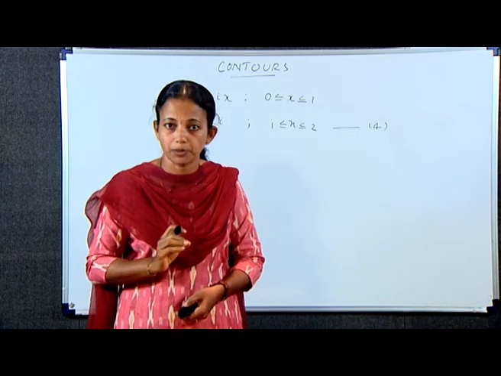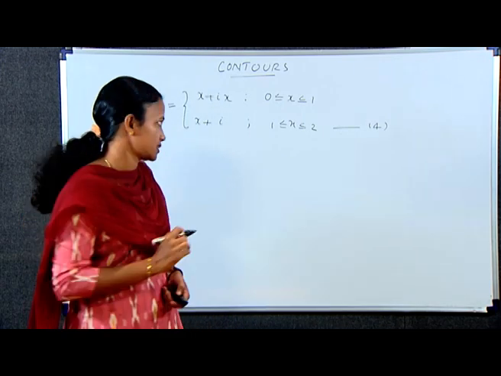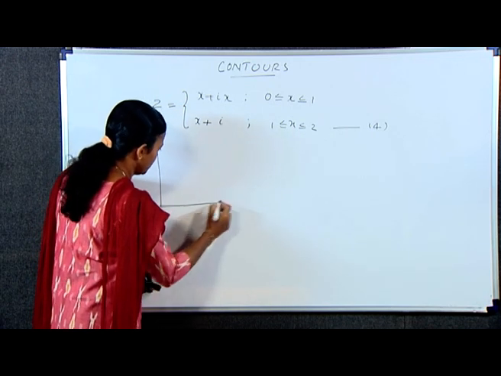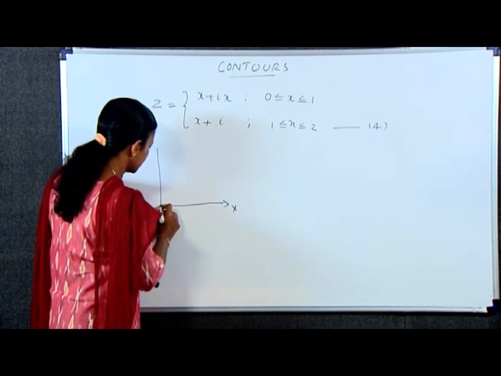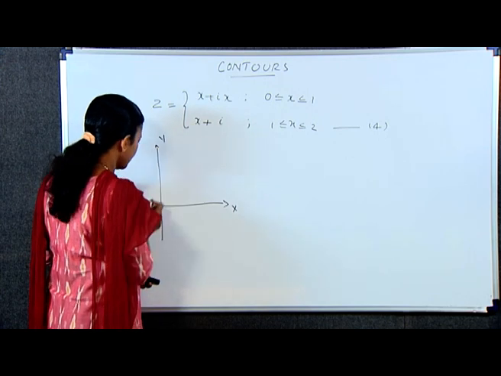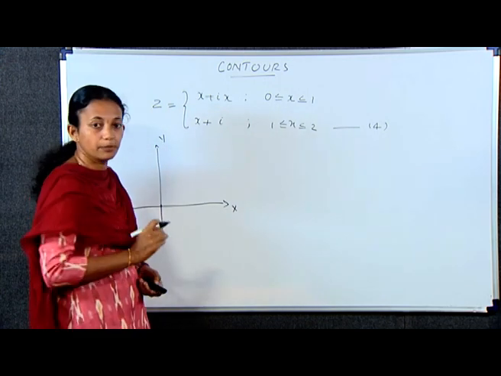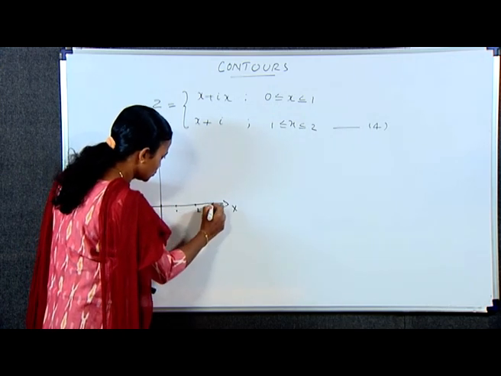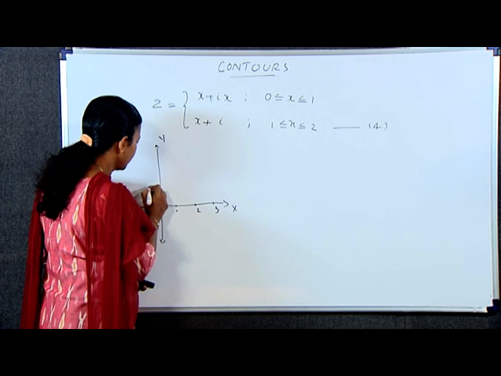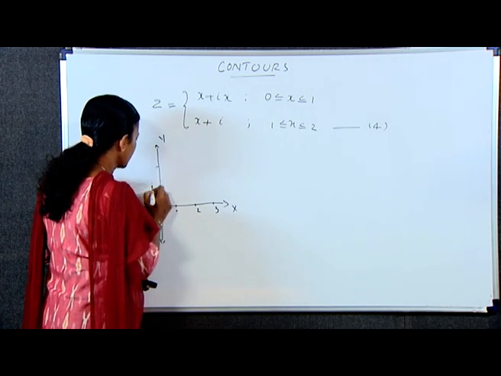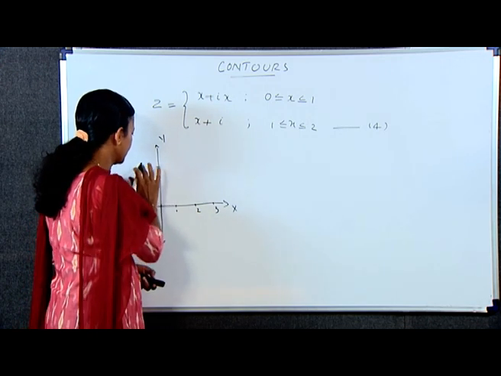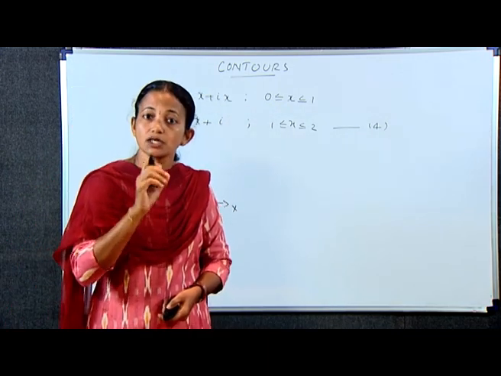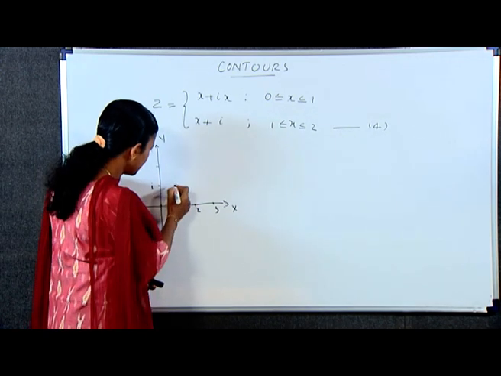Consisting of a line segment from 0 to 1 + i. Here this is our x axis, y axis, or we can say real axis and imaginary axis. Here we have the real values 1, 2, 3 etc. Here we have imaginary values i, 2i, like that. So here the line segment is from 0 to 1 + i.